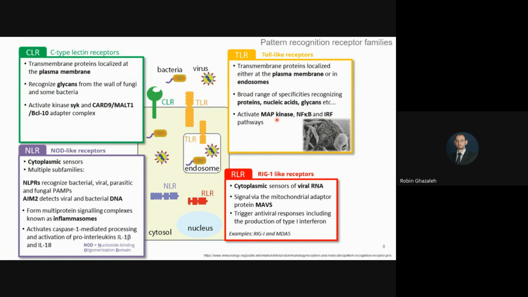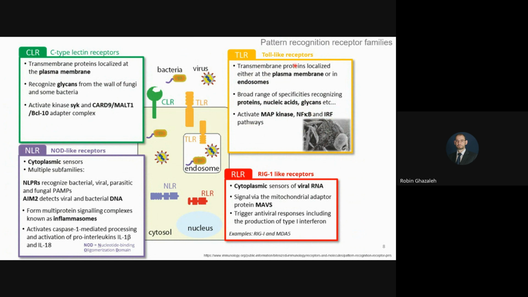MAP kinase is an enzyme which is present in the cytosol. It's not a transcription factor, but its activation activates other enzymes which finally result in transcription. And it can also signal through these.